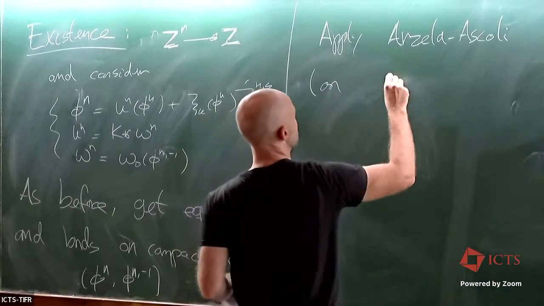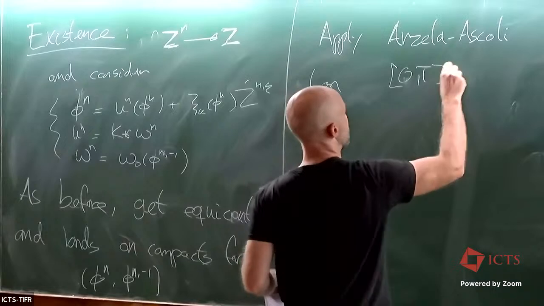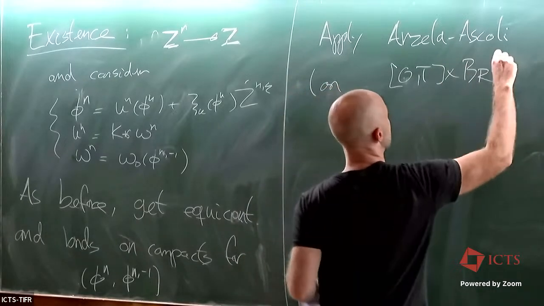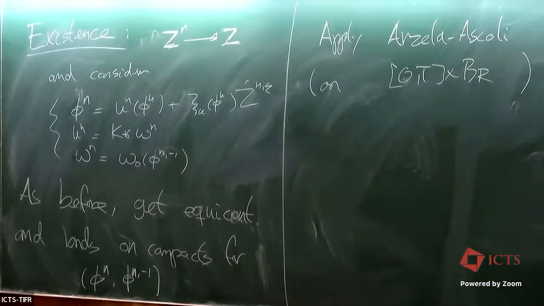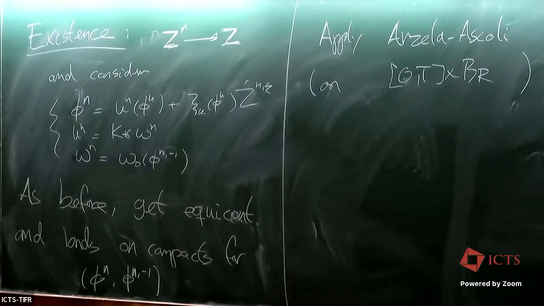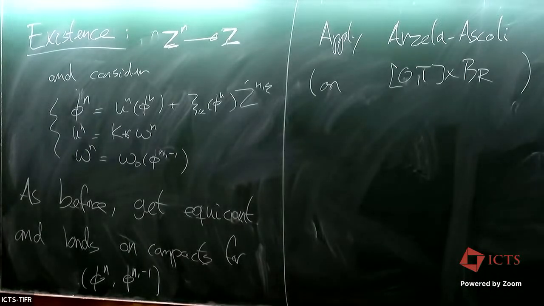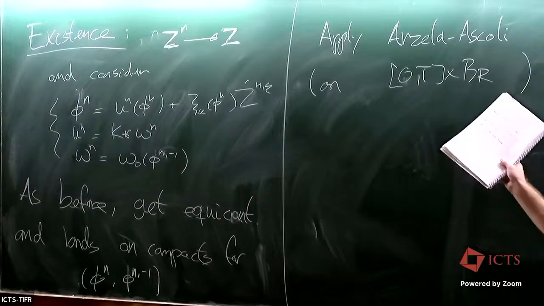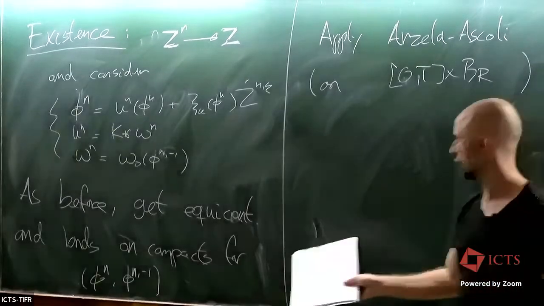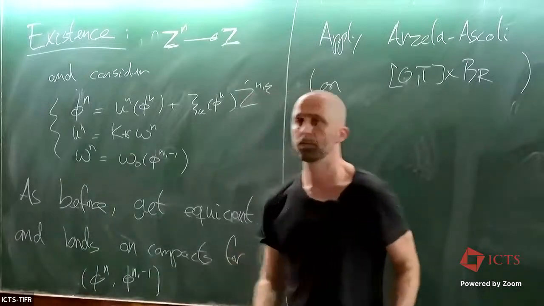On some bounded set, you can apply Koley. And this gives you, for each R, a converging subsequence of this pair.